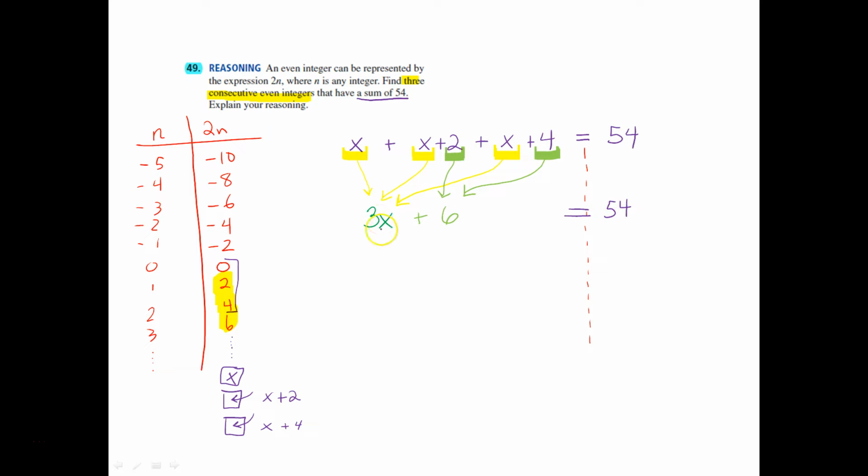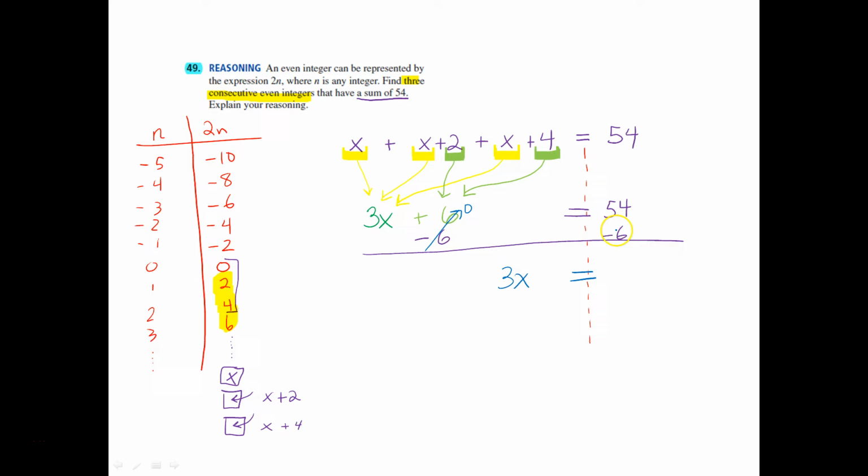So now we're looking at our variable and trying to decide how to undo the operations around it, and we undo addition and subtraction before we undo multiplication and division. So we are going to subtract 6 from the left side and subtract 6 from the right side. Negative 6 plus 6 is 0. 3x plus 0 is just 3x.